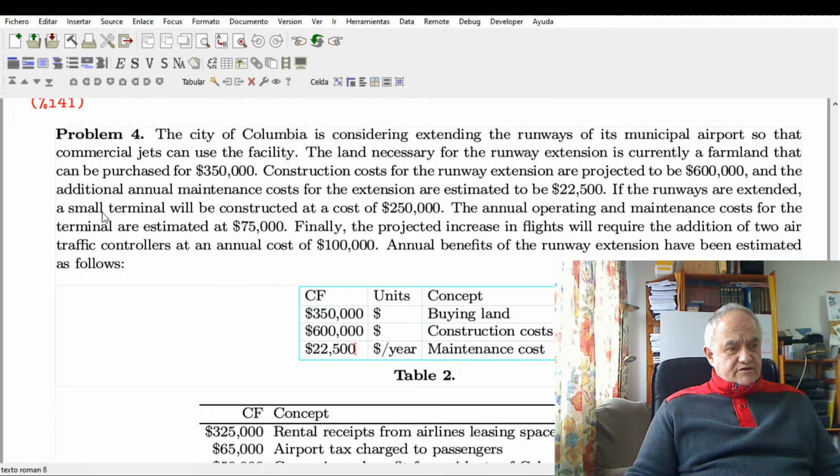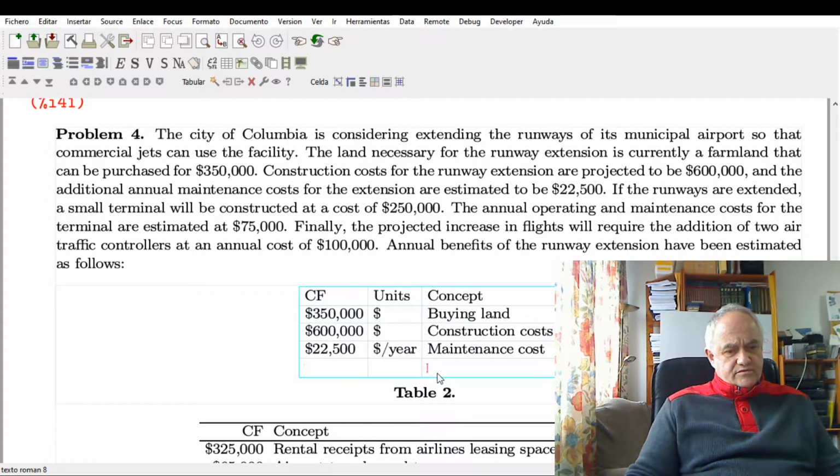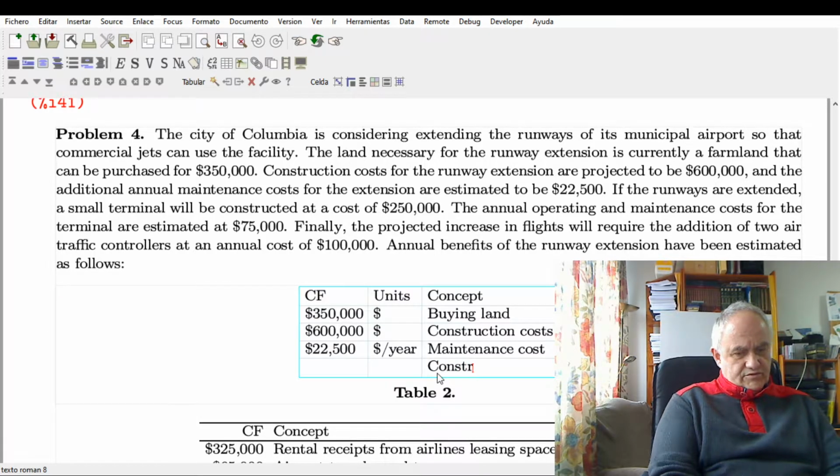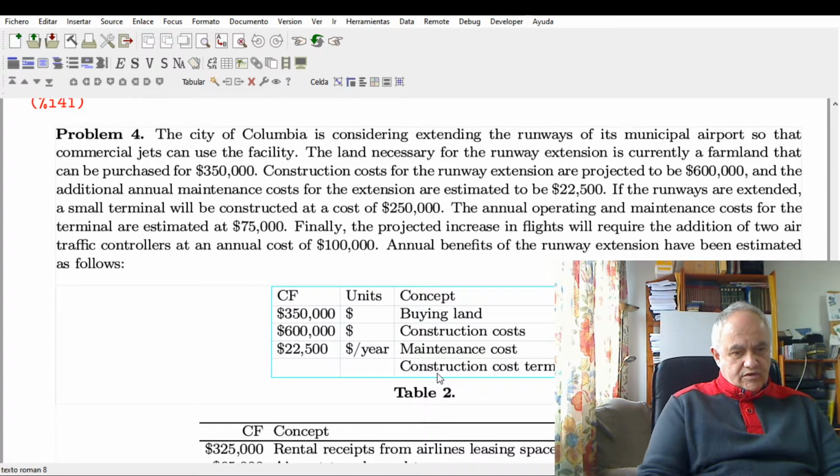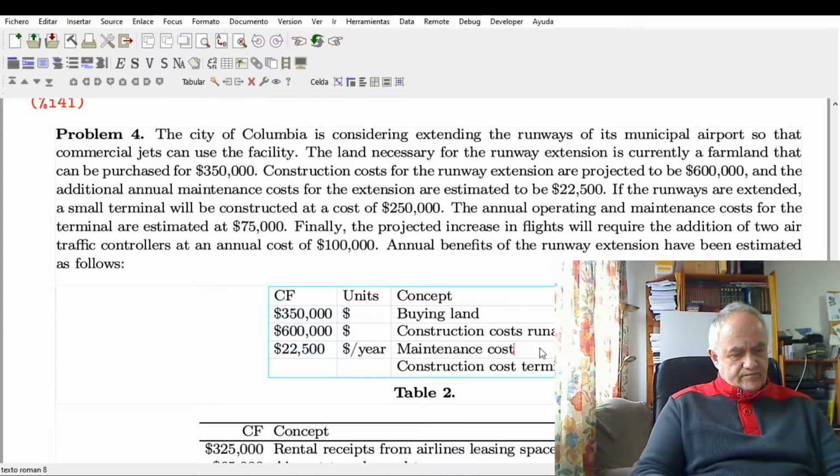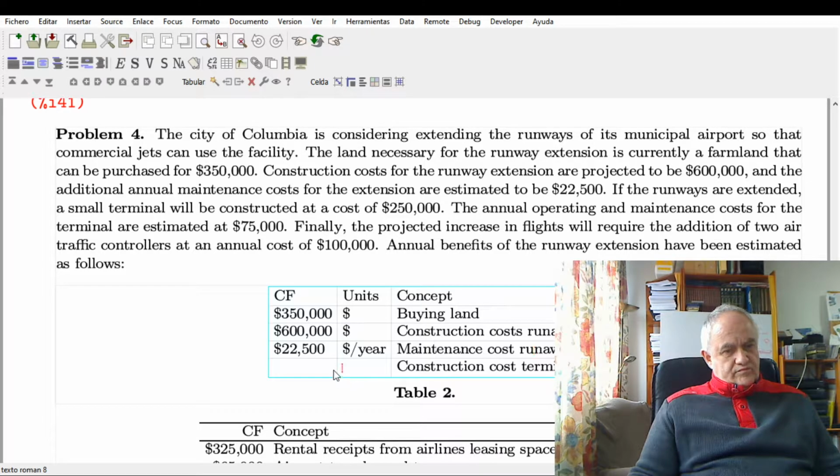If the runways are extended, a small terminal will be constructed. An additional construction cost for the terminal. This is construction cost for the runway, and this is for the terminal. The construction cost of the terminal is this amount.